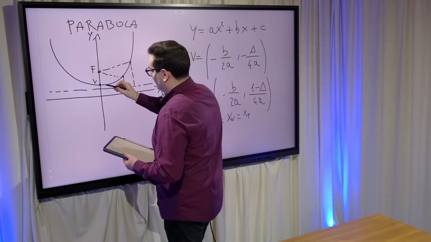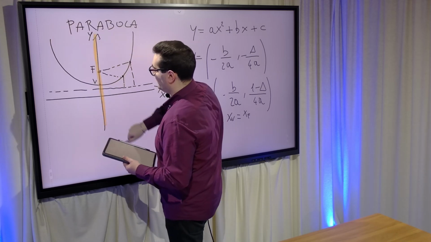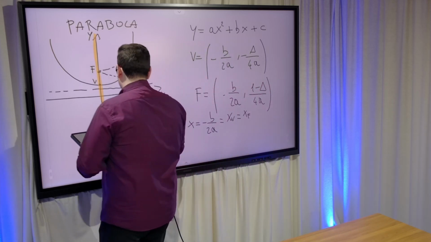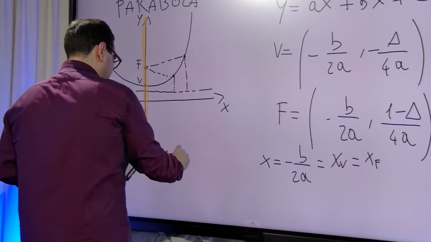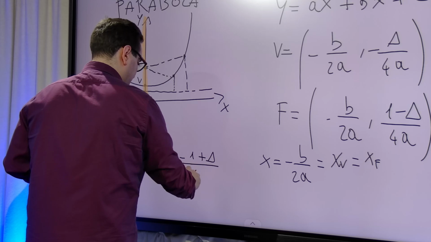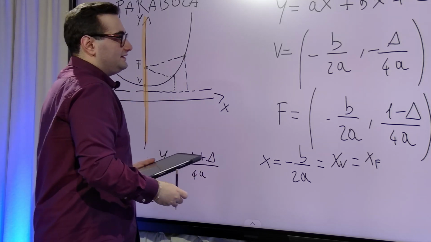We are saying that it is this straight line, so the y-axis in this drawing. I can write here also the equation of the directrix, that is this one. So it's a horizontal line.